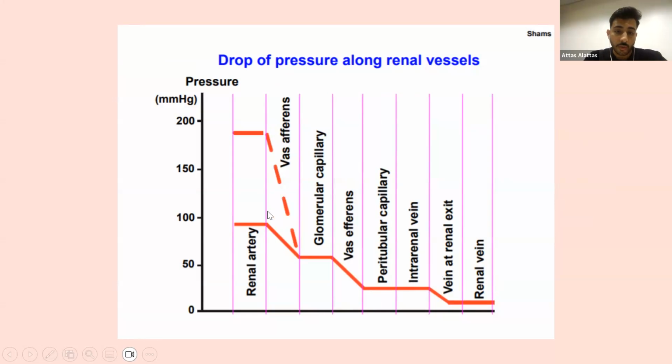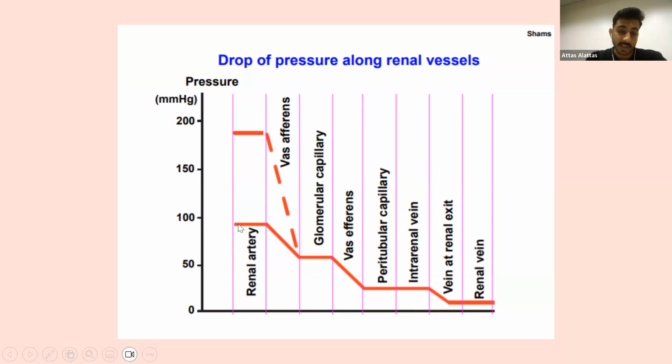So what the doctor wants you to understand from this slide is that there's a drop in pressure. So let's say that normally you have a mean arterial pressure of 100. The drop in pressure usually happens in the arterioles, the afferent arteriole and the efferent arteriole.